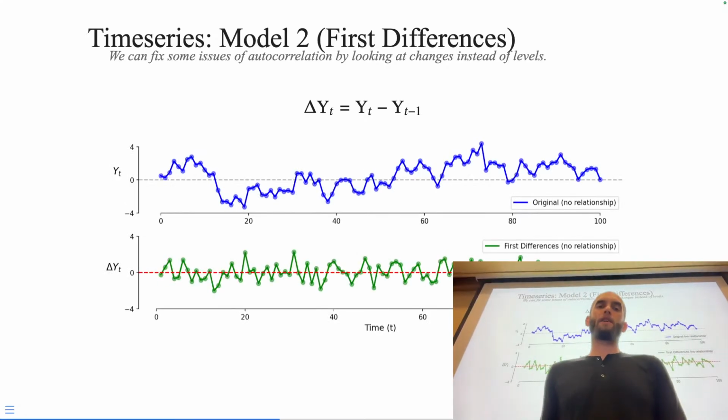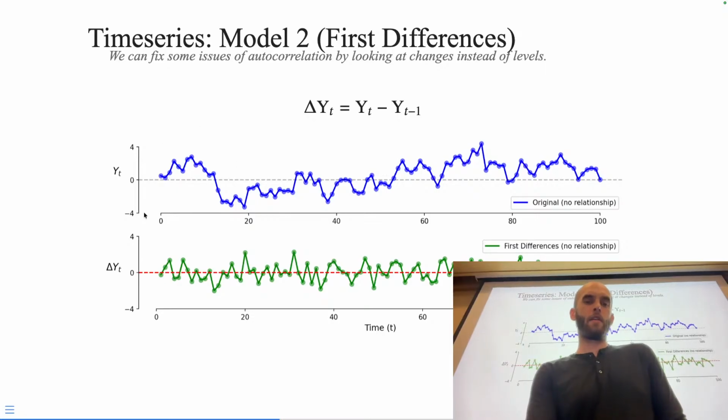This is a picture of yt, our original data, and you can see there's strong autocorrelation here. The errors are all in the same direction repeatedly.